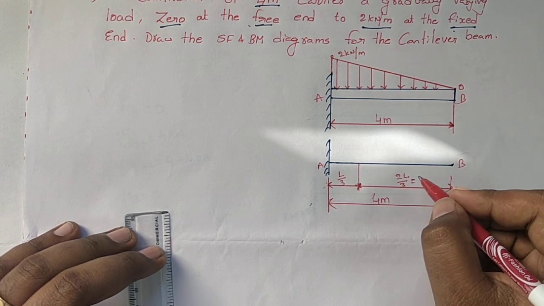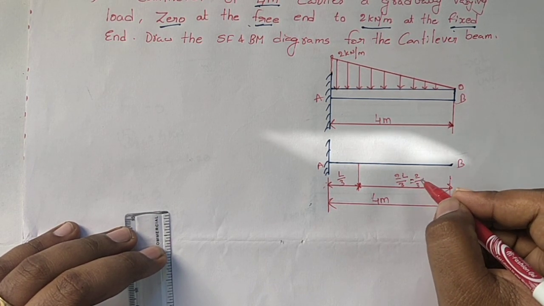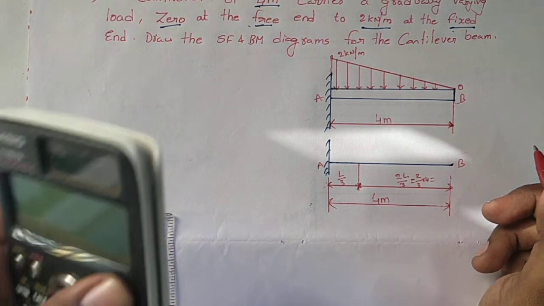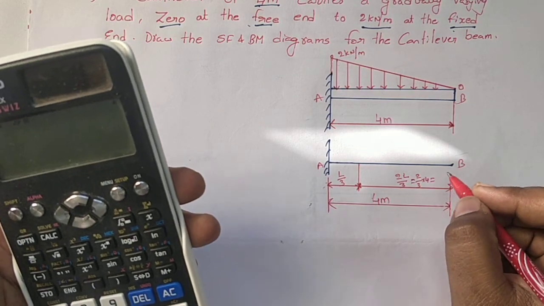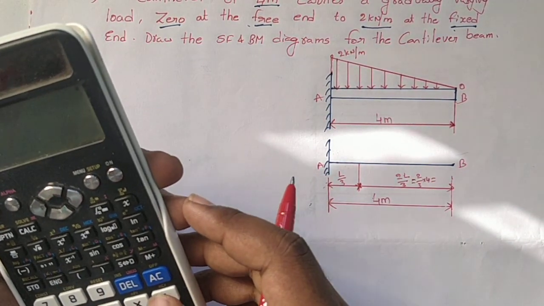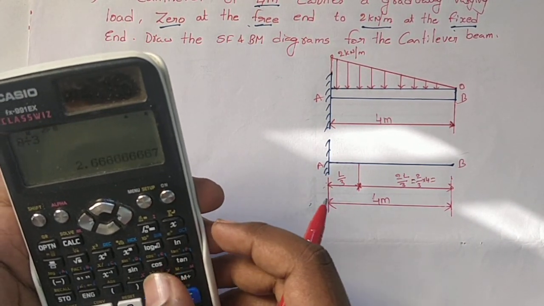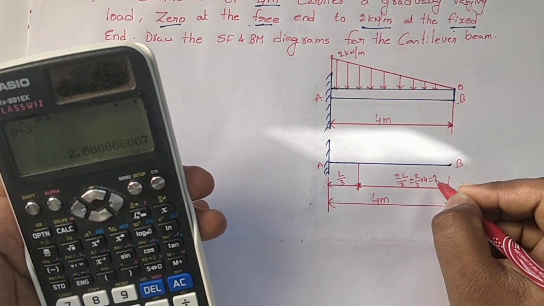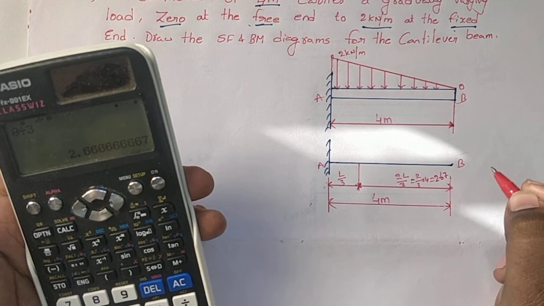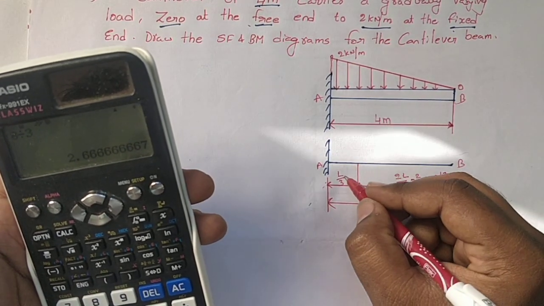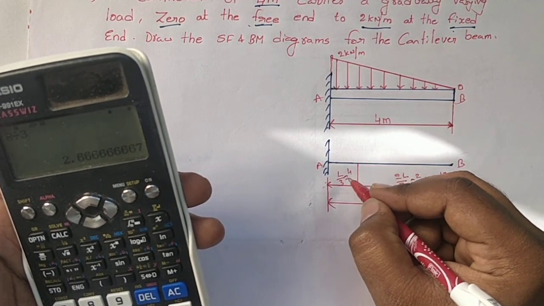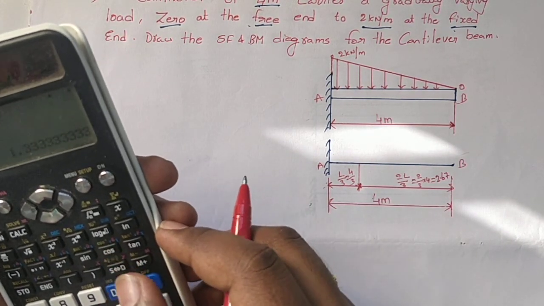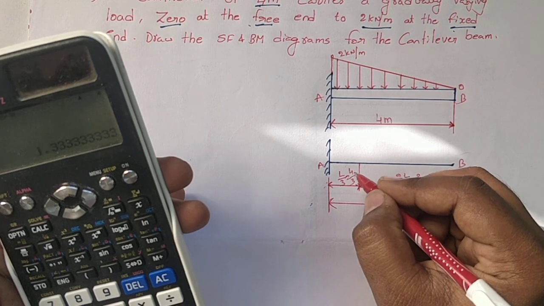Here 2 by 3 into L, with L being 4, equals 2.67 meters from point B. L by 3, that is 4 by 3, equals 1.33.